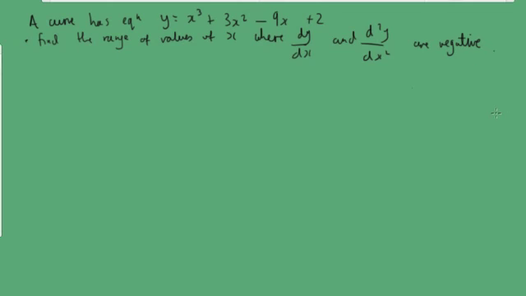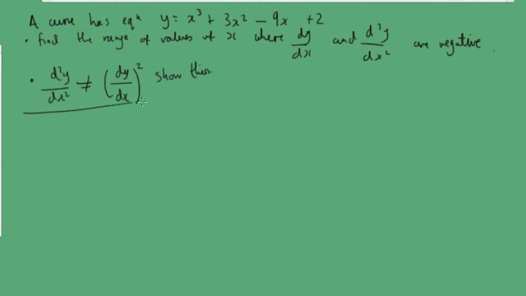And secondly, we're going to show that d2y by dx squared is not the same as dy by dx. Let's show this.